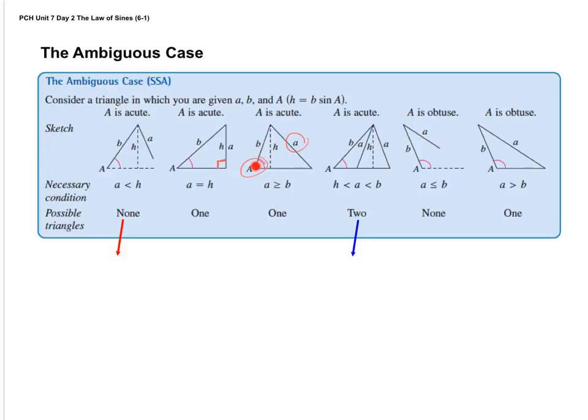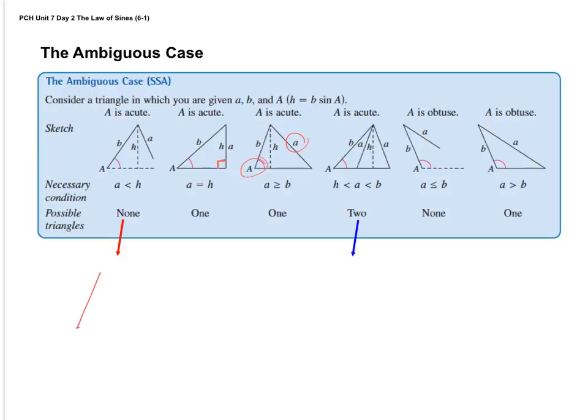But also, even if A is acute, if A is not at least as long as the height, which may or may not be that obvious, then you're going to get something impossible. Let me look at an example of that one real quickly here.